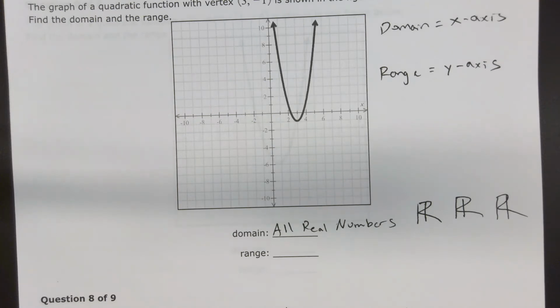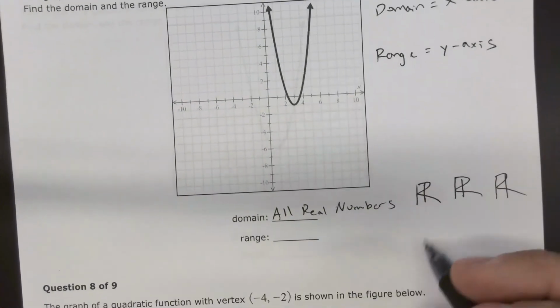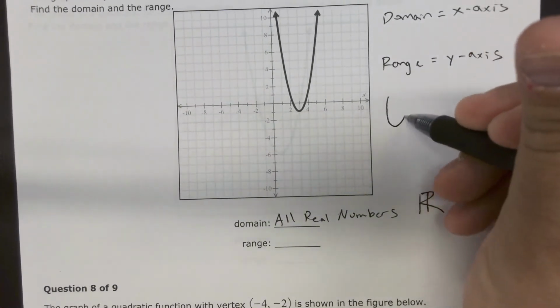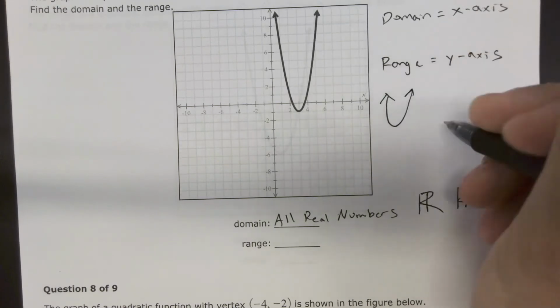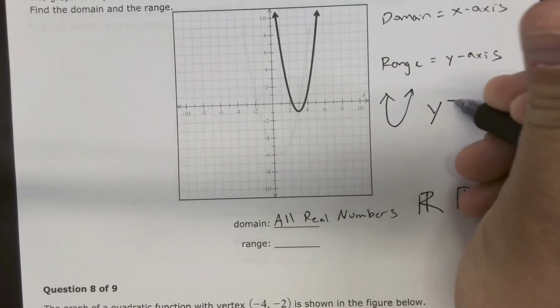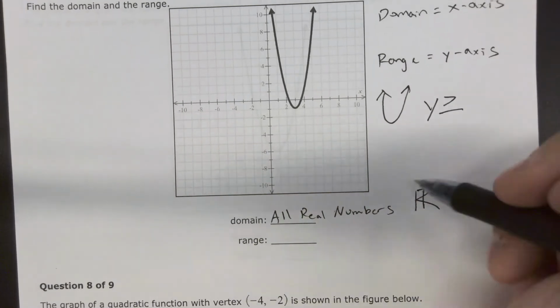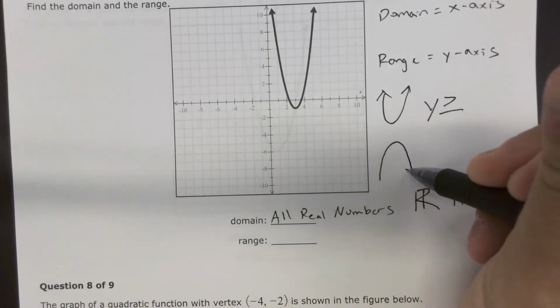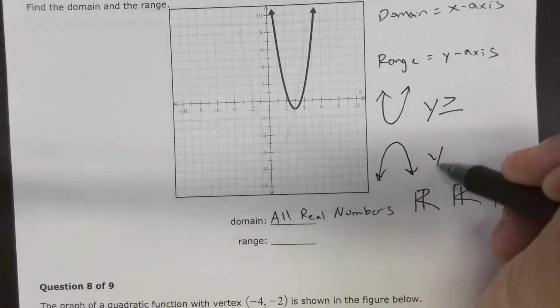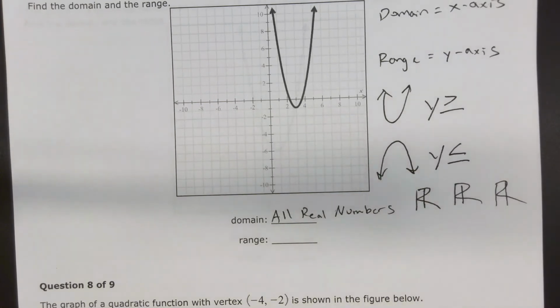Okay, the range. If the graph opens up, the range is y is greater than or equal to. If the graph opens down, the range is y is less than or equal to.